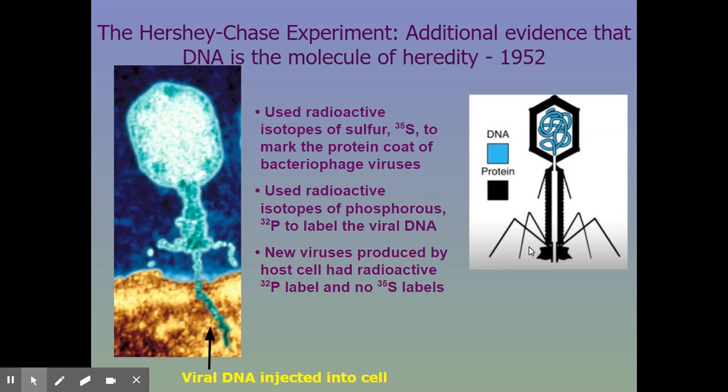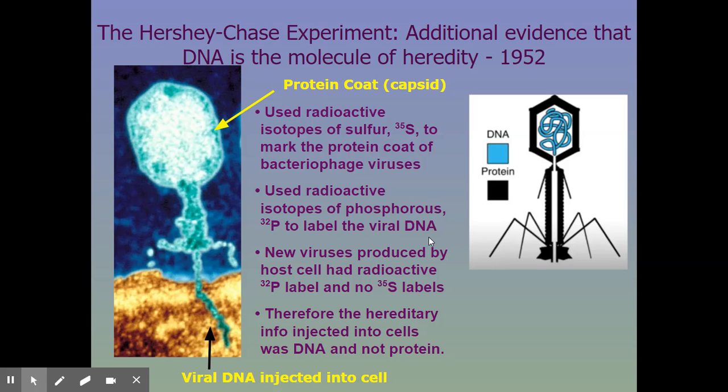So what they did now was they infected bacteria with one or the other of these viruses. Some bacteria were infected with the radioactive sulfur ones, and some were infected with the radioactive DNA ones. And then they allowed the viruses to replicate, the bacteria to replicate, and they looked at them.